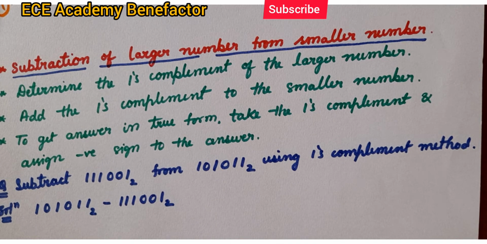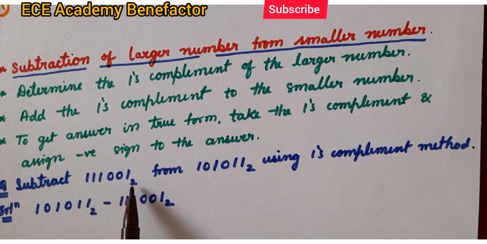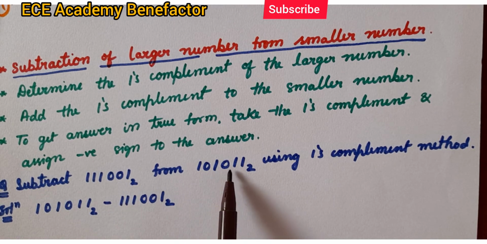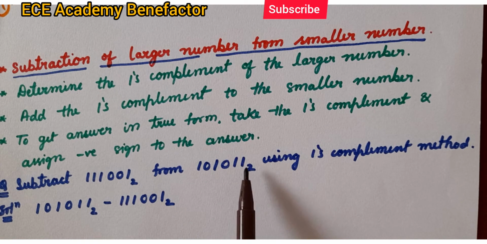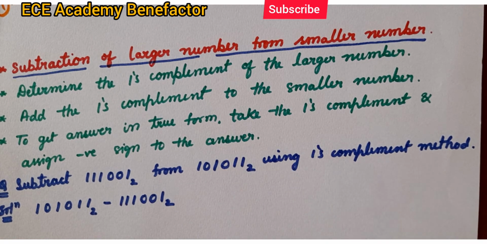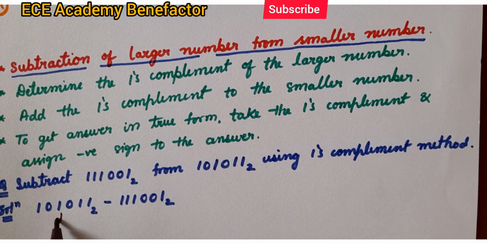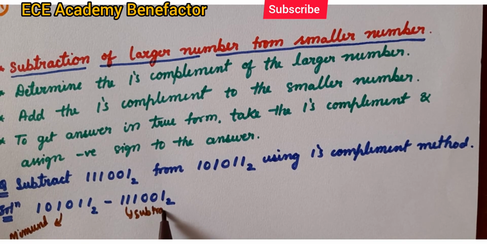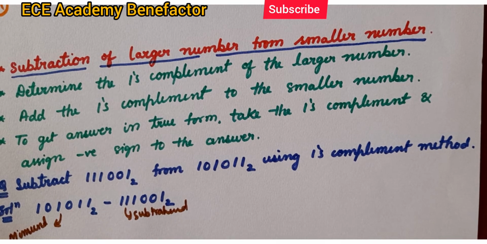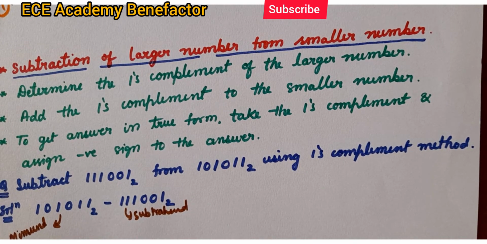The given question is, subtract 1110001 binary from 1010111 binary using ones complement method. This is known as minuend, and this is the subtrahend. So, find the ones complement of the subtrahend.